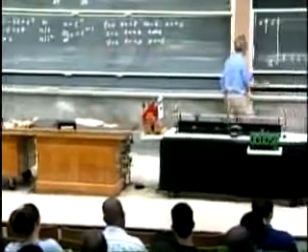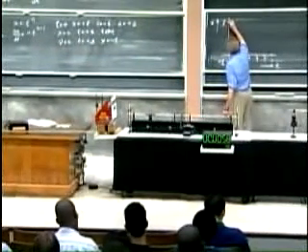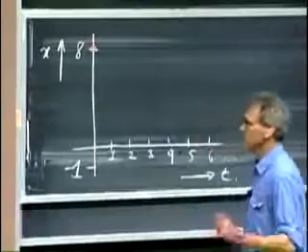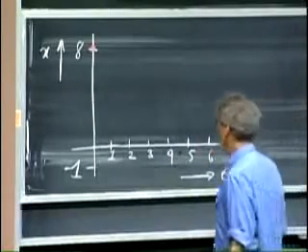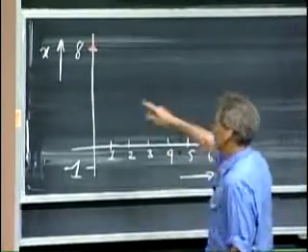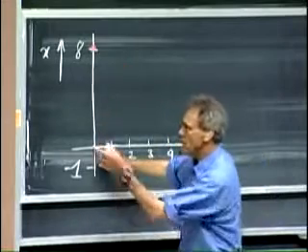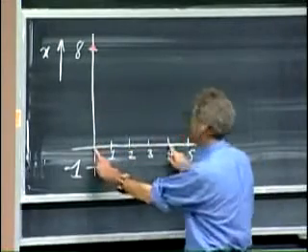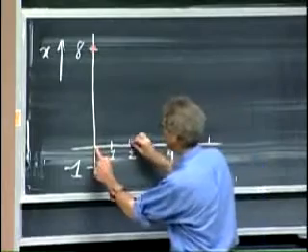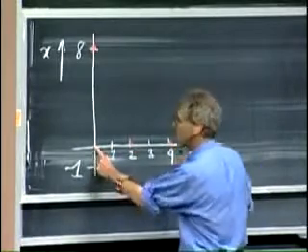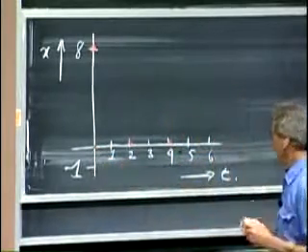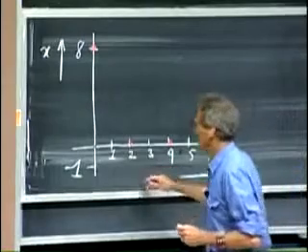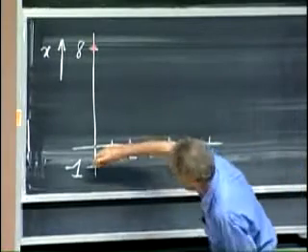So I know that at time t equals 0, the object is at position 8. I know that x is 0 at the time 2 and at the time 4. So the object is here at this time and at this time. And I know that at time t equals 3, it is at position -1.